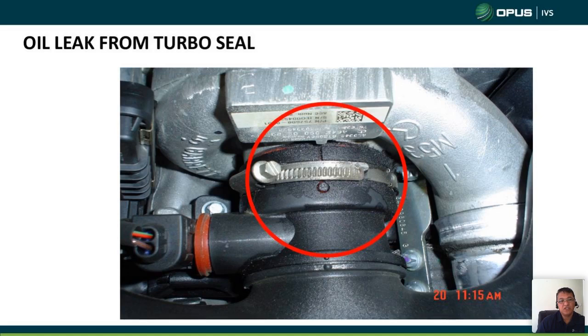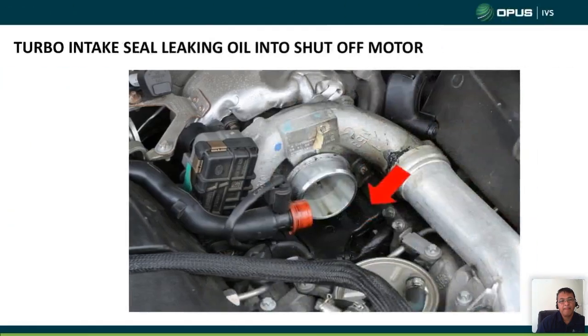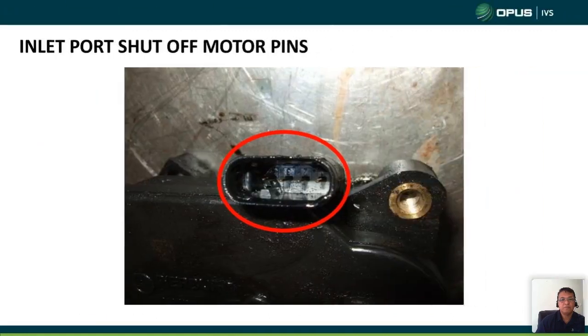Another sign of leakage on the turbo seal. And that's where your issue starts. So when the oil from that seal is leaking, it will drip onto your inlet port shaft motor, which is located under the turbo, and I know many of you have encountered this kind of issue before.